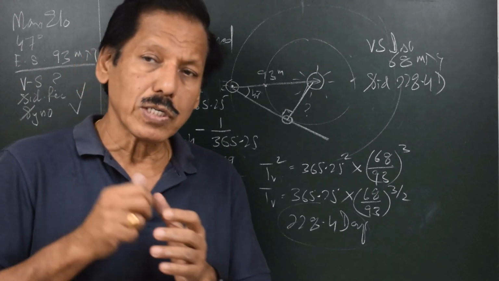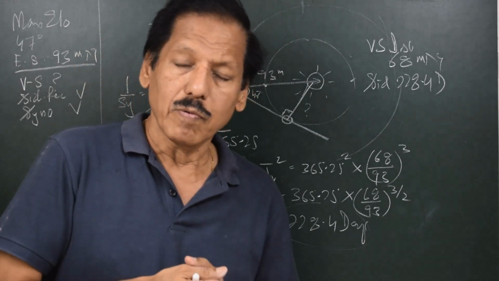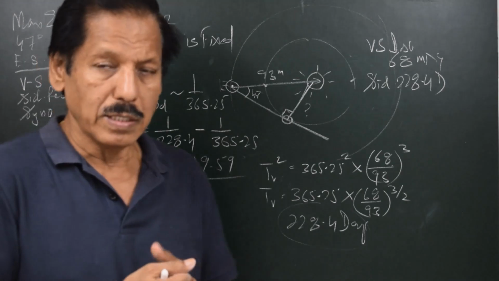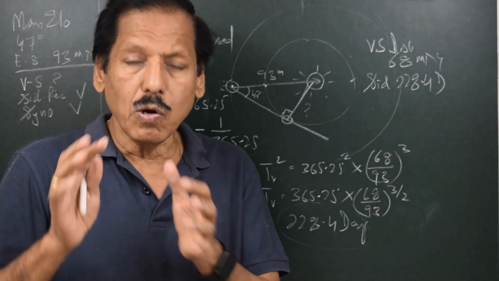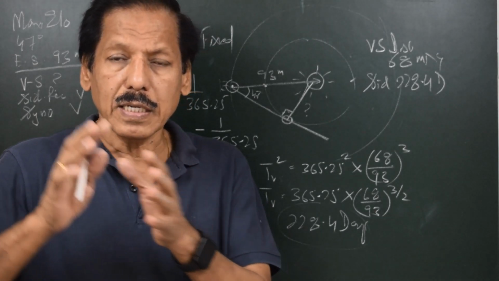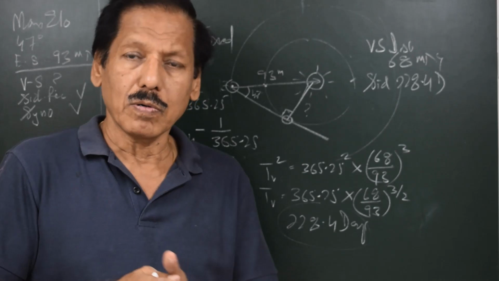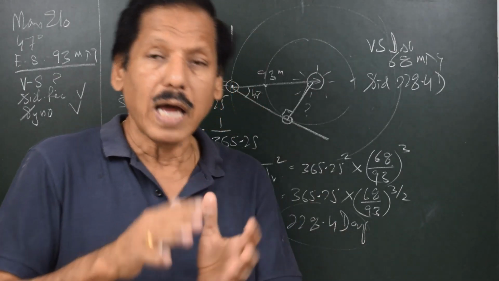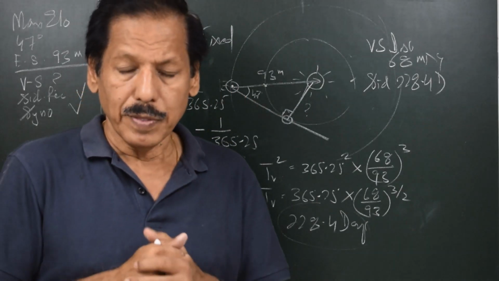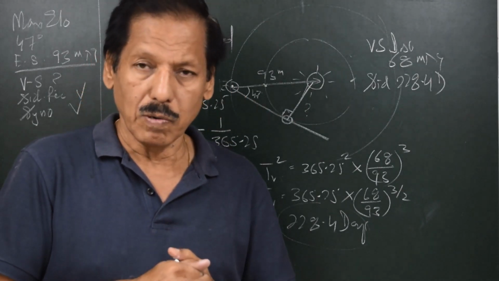Eventually the elongation becomes 0 once again when Venus reaches the superior conjunction, and thereafter the elongation is easterly, because if the synodic period is say X amount, for half of that amount the planet is going to be on easterly elongation, and in the other half period the planet is going to be on westerly elongation.